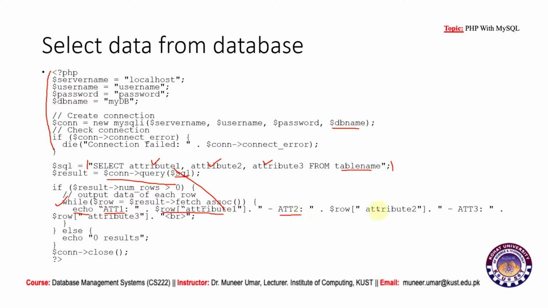It can be the name of the second attribute, and here this attribute 2 would be the second attribute in the row according to this attribute 2 in our SQL query, and similarly attribute 3 is here and it can be selected from the row, and all these are performed with the help of the while loop. This BR is used to give a space, a new line to each row. Once we display all, after that we must also close the connection.